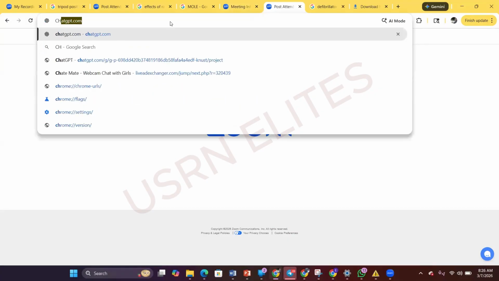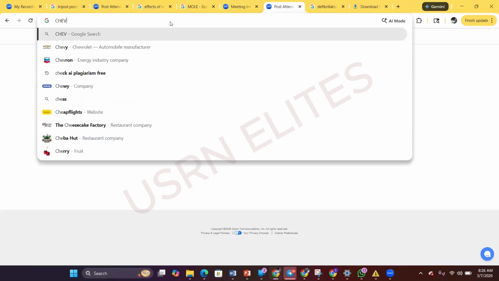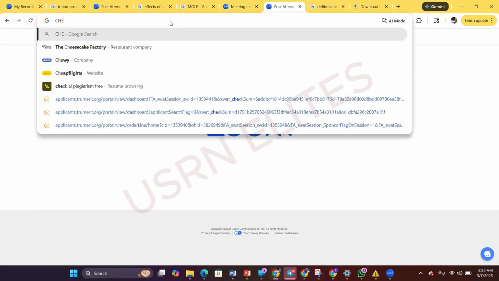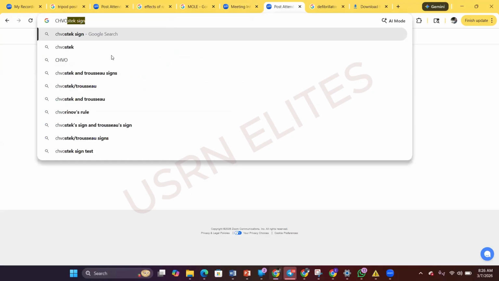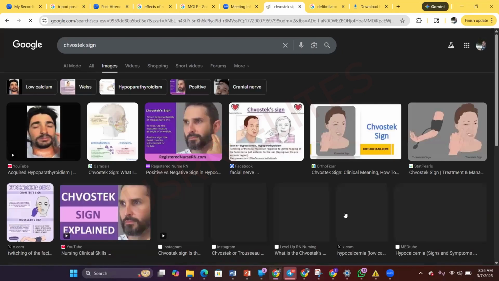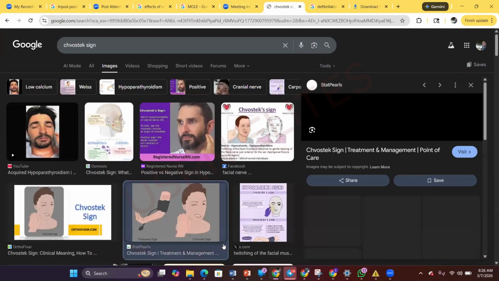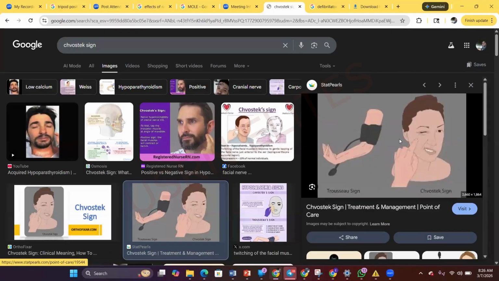There's some twitching. Okay. So the cheek tends to twitch when you touch the cheek. And the tingling sensation, mostly unilateral.